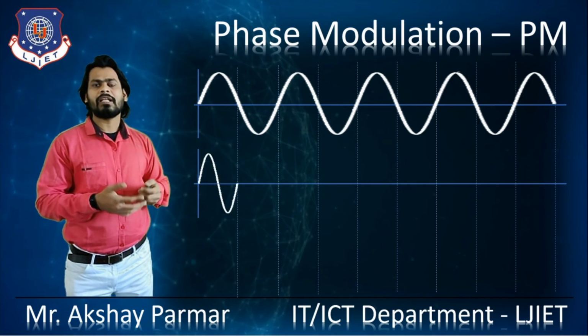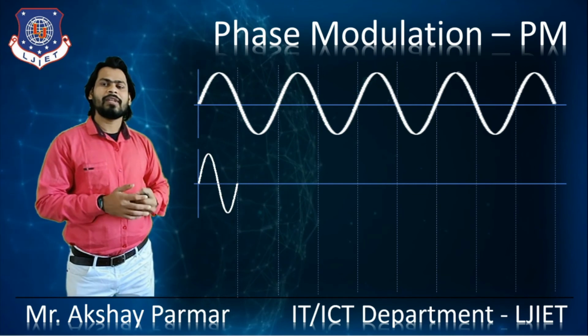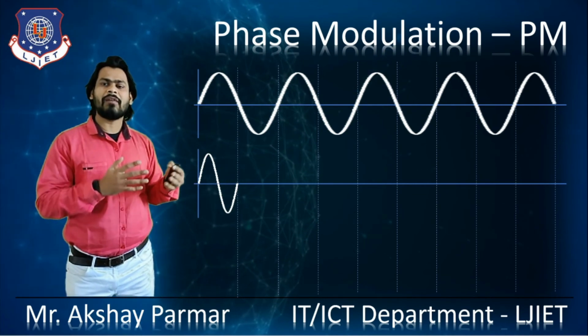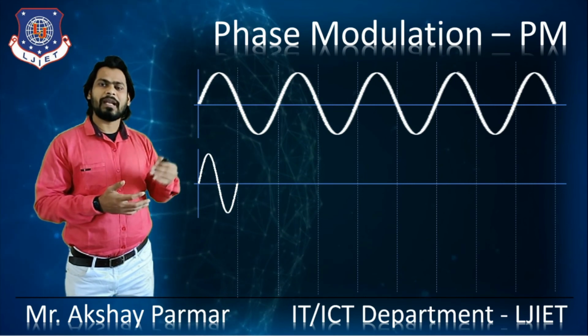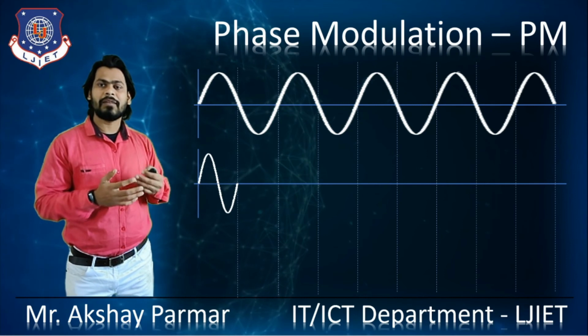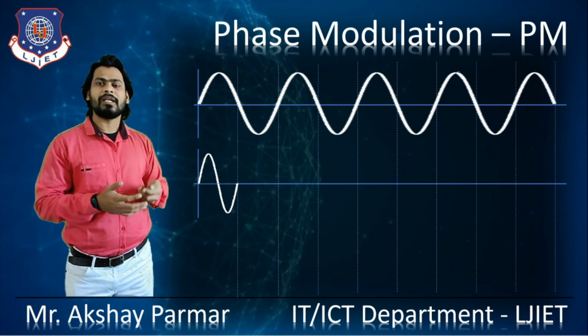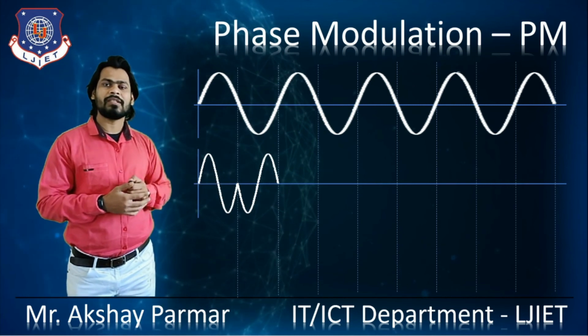As we have discussed, to represent the positive side of the signal, we use a signal with 0 degree phase difference. After that, to represent the negative side of the signal, we use a signal with 180-degree phase difference, right?